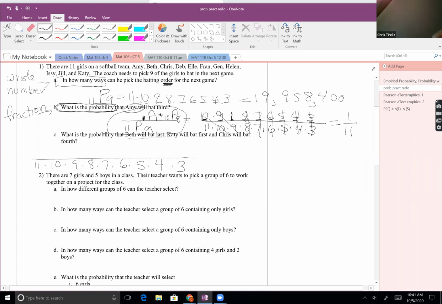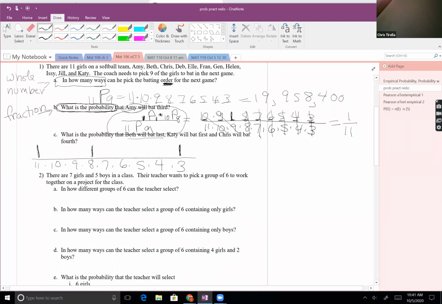Beth is last. How many Beths are there? 1. So in this last space, I have 1 person. Katie's first. In this first place, I have 1 person. Chris is fourth. In this 4th place, I have 1 person.